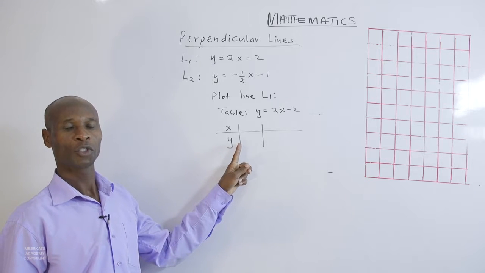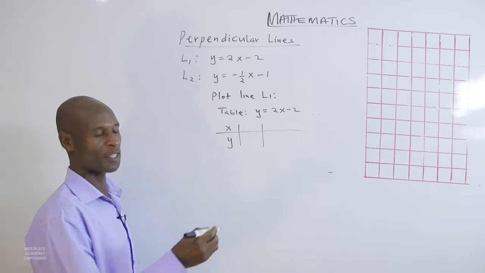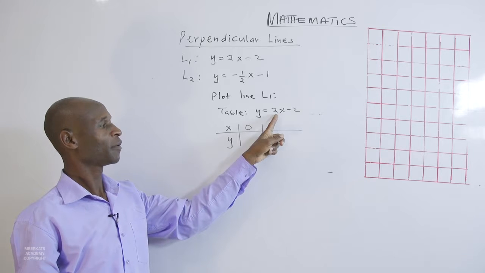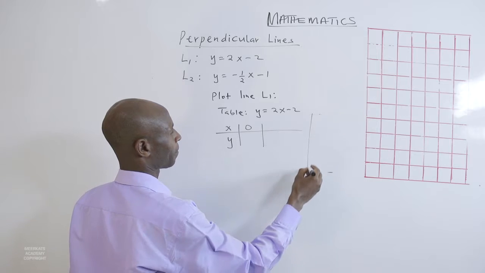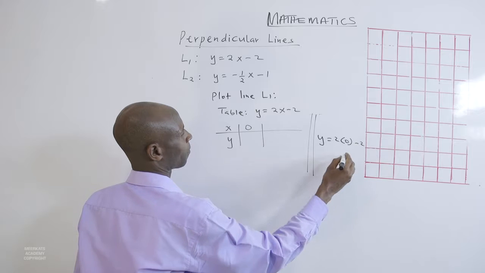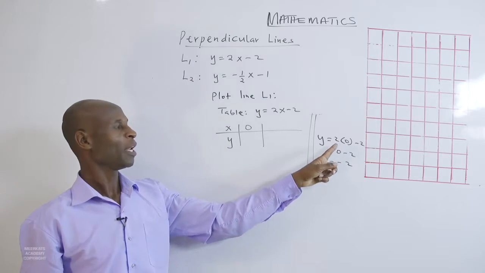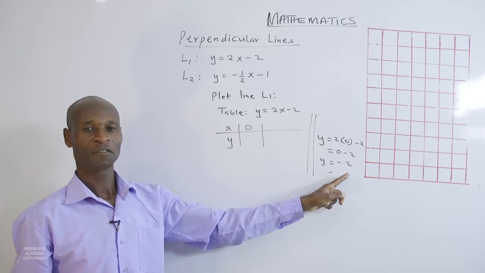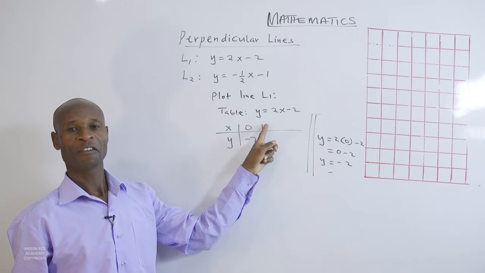We first of all choose a value of x. In this case, we can let the value of x be 0. Then we replace in our equation, which is y = 2x - 2. If we place 0 where there is x, we realize that the value of y is -2. We choose another value of x.